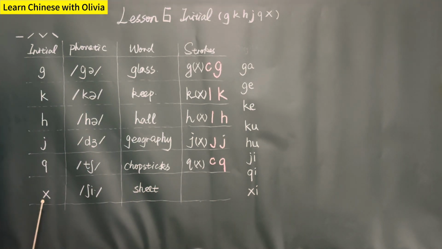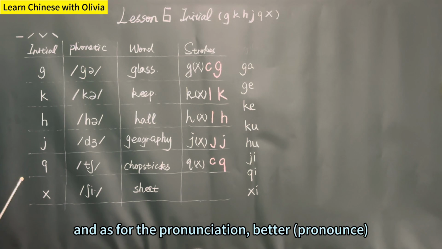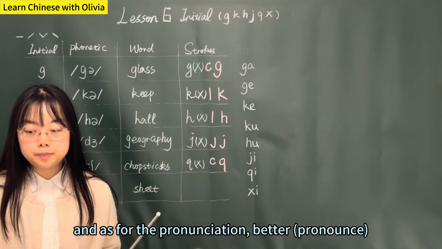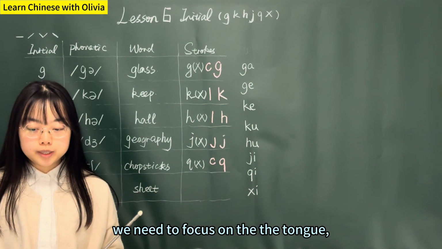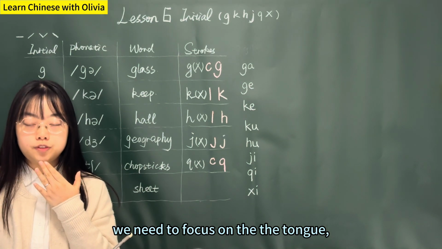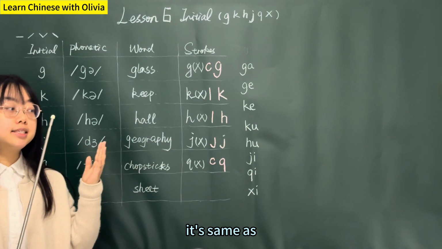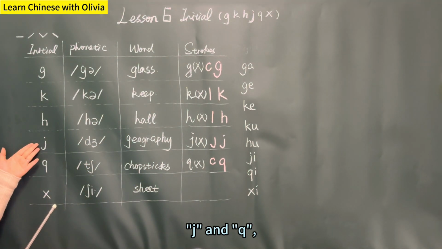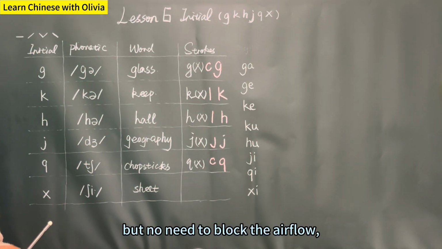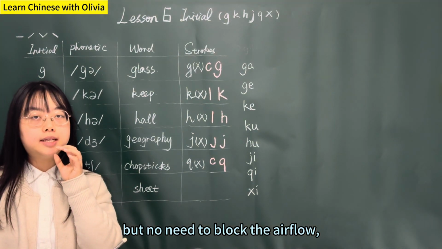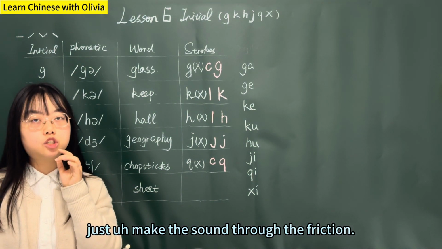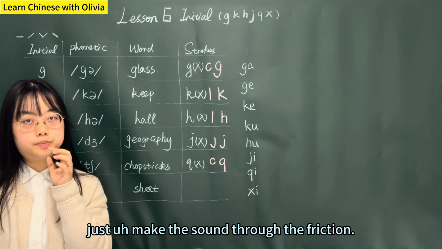Sheet, she. As for the pronunciation, we need to focus on the position of the tongue. It's the same as G and chi, but no need to block the airflow. Just make the sound through friction.